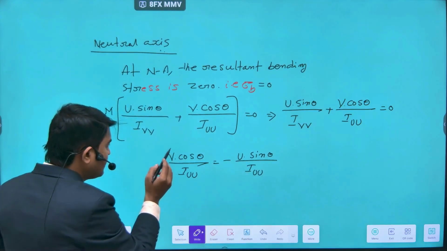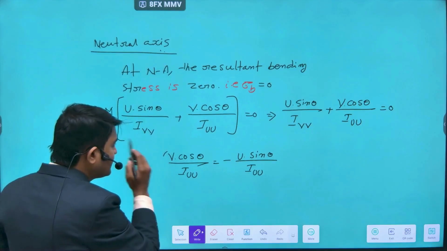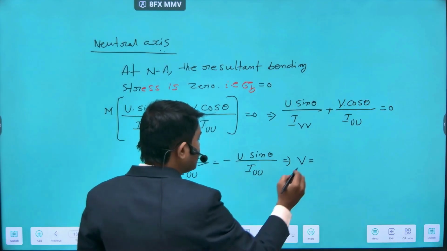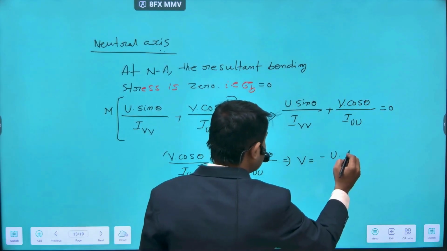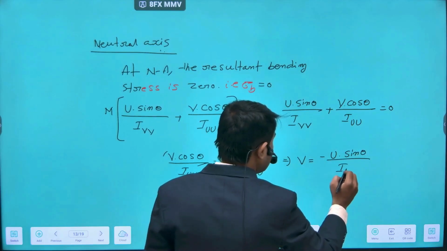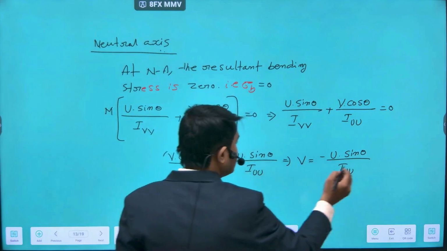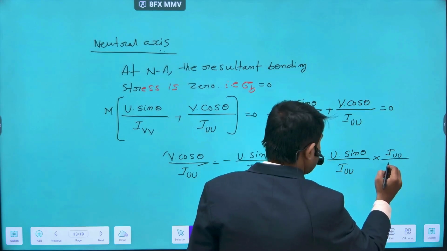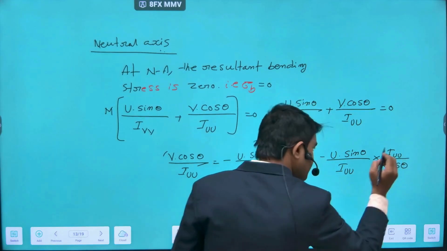Then we have to take the equation in terms of V. So in terms of V, V is equal to minus U sin theta divided by IVV into IUU by cos theta.